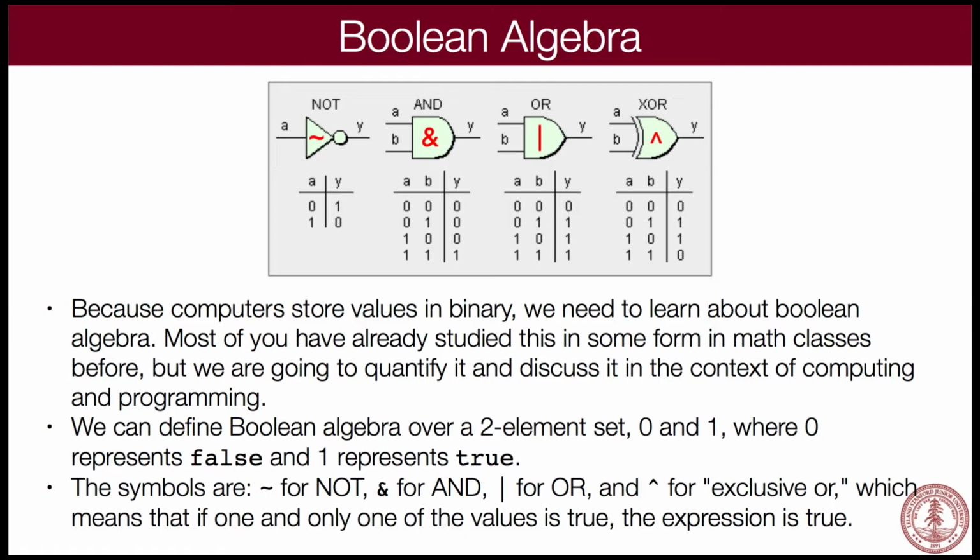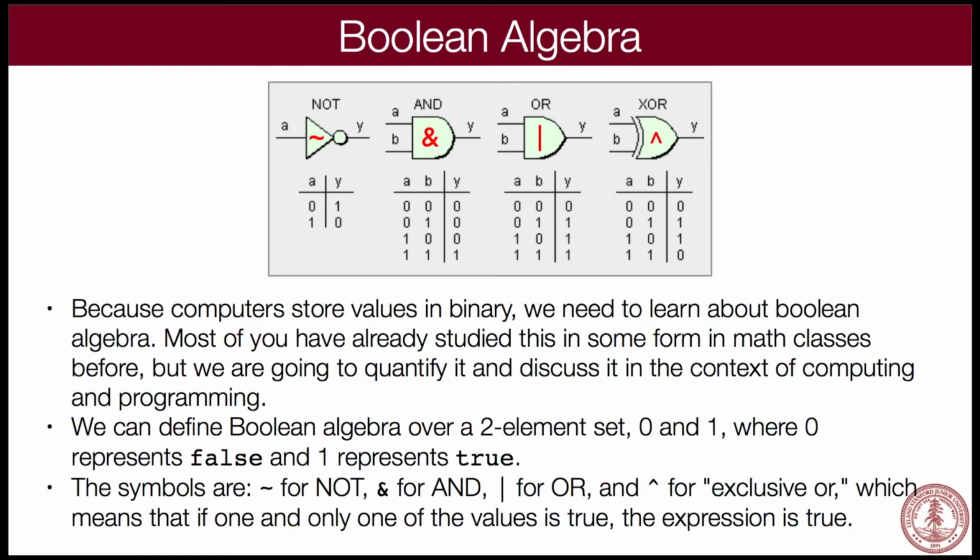For and, for each bit, if the bit in A is 0 and the bit in B is 0, A and B is also 0. Same thing for 0 and 1, 1 and 0. And if they're both 1, the answer is 1. Both A and B are 1, therefore the result is 1. That should not be too confusing. Or is the opposite in some ways.